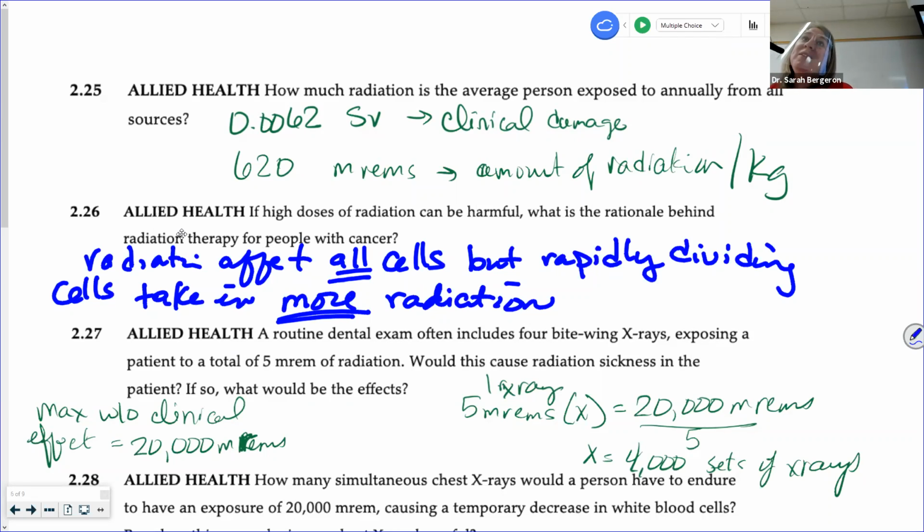They're going to basically feel the effects of their stomach acid, and they're going to be nauseous. Same thing with hair. Hair is rapidly dividing. Radiation is going to go to those cells that rapidly divide, and that's why people lose their hair. So all the symptoms of chemotherapy and radiation are because those are also rapidly dividing cells that are affected.